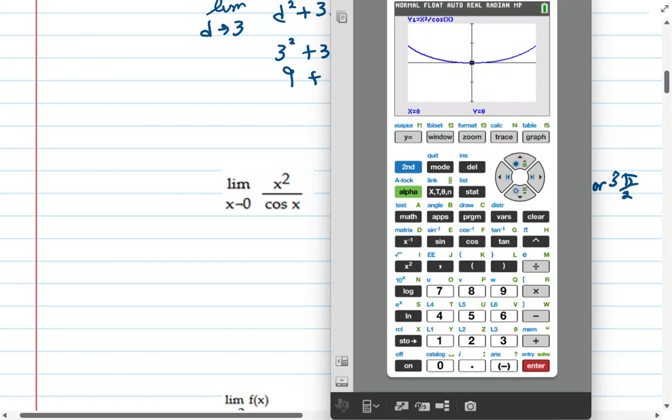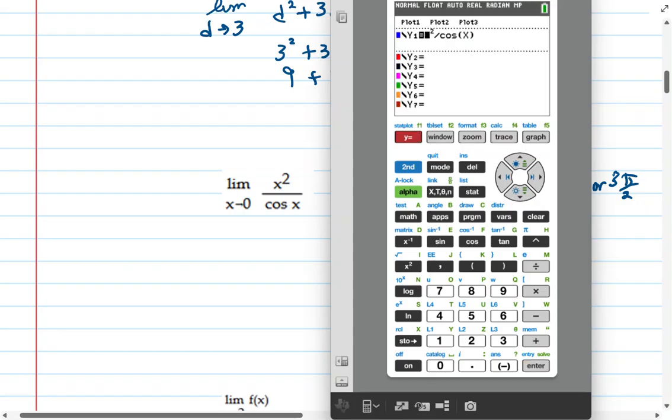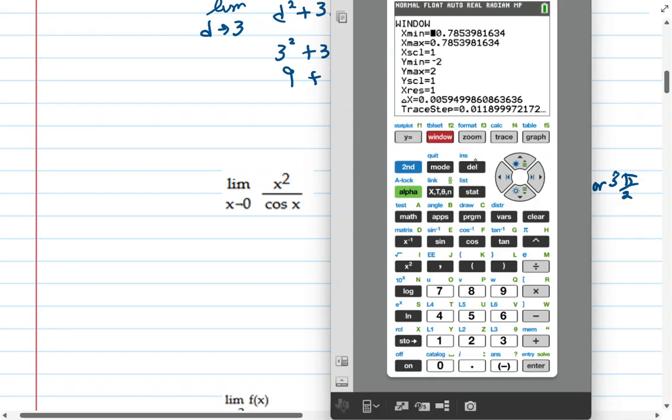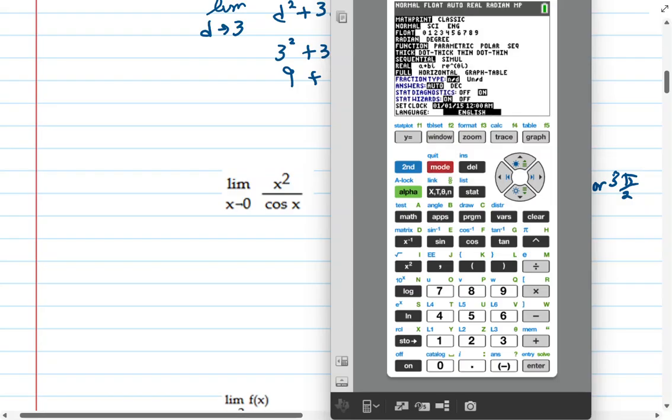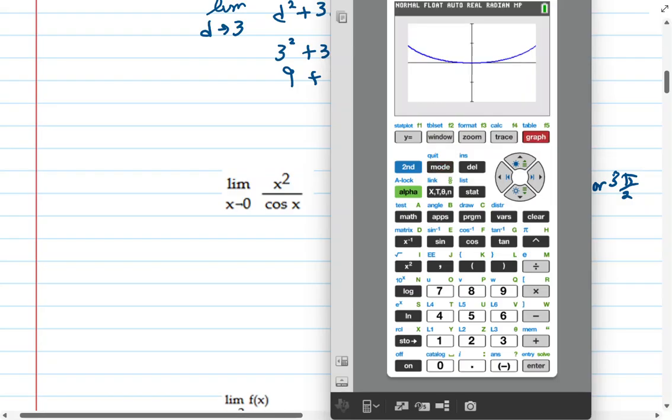But how does that happen, right? It should not exist. Let me see if I wrote it right. x squared over cosine x. And let me look at my mode. No, it's correct. So this is a rule in calculus about x divided by cosine x. It's going to be 0, like sine x over x is 1.